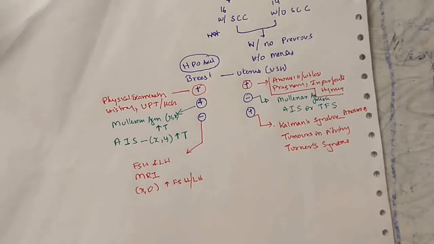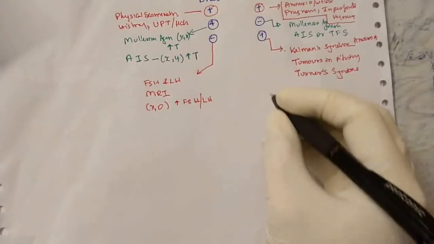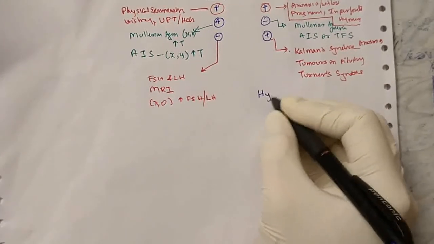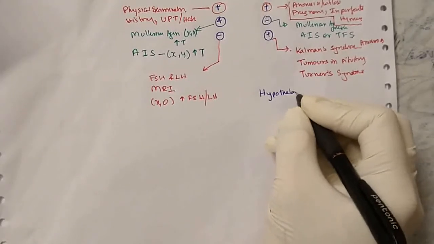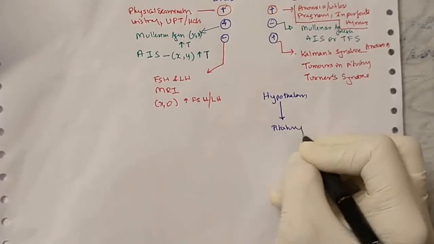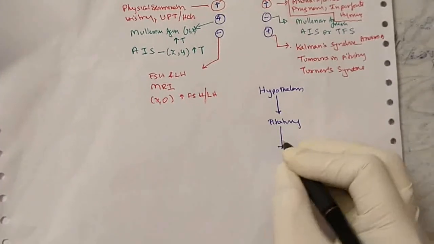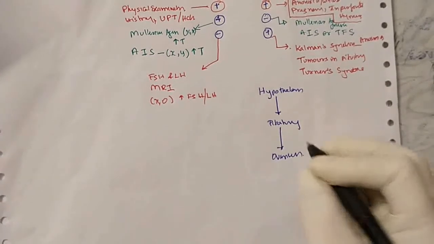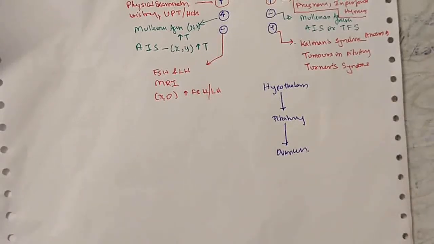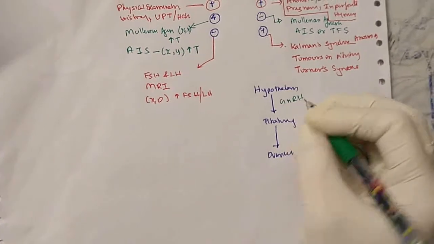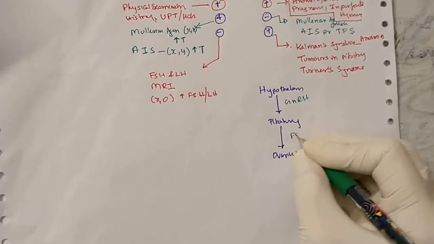Now we'll talk about the HPO axis: hypothalamus, pituitary, ovaries. The hypothalamus releases GnRH. The pituitary releases FSH and LH.